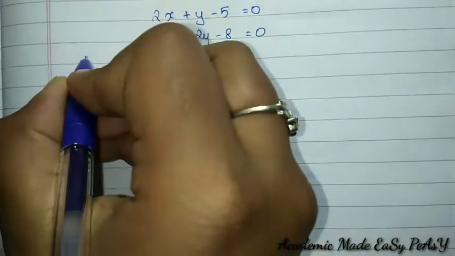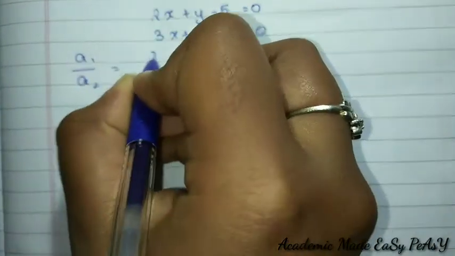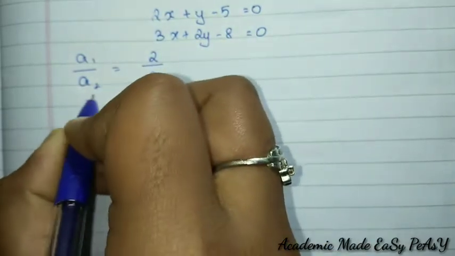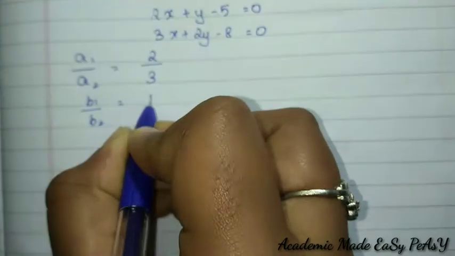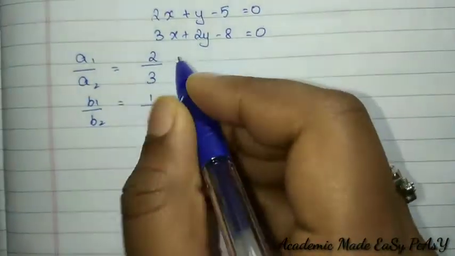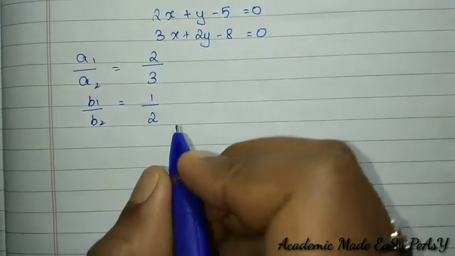I will be taking the ratios. So a1 by a2 is equal to 2 divided by 3 and b1 by b2 is equal to 1 by 2. So here itself it is proved that a1 by a2 is not equal to b1 by b2.